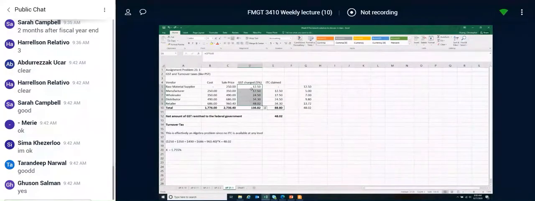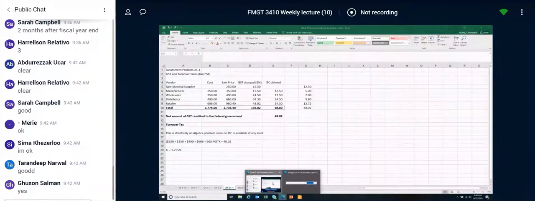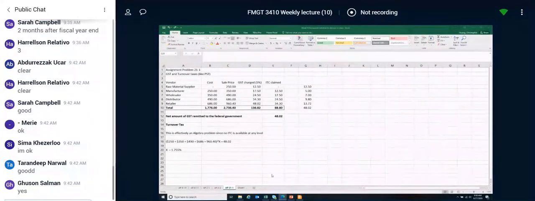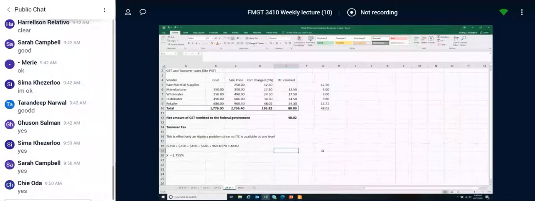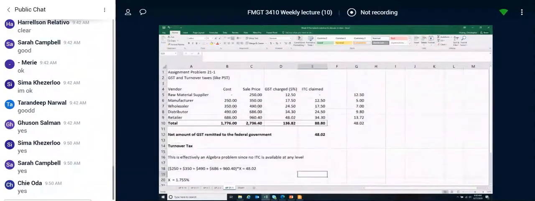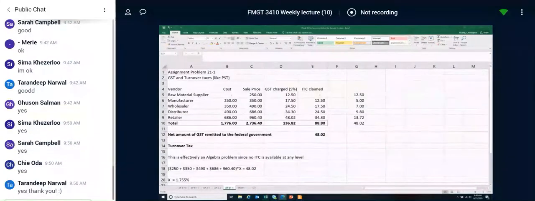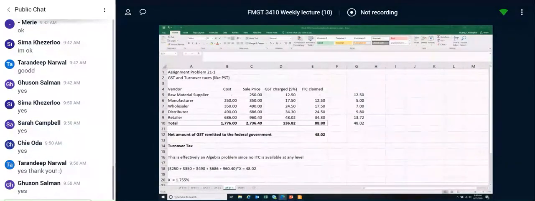It's also considered a hidden tax because you, the consumer, cannot see the tax that's being paid at each level. Okay, does that make sense?